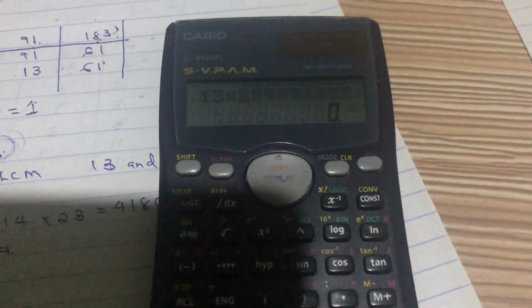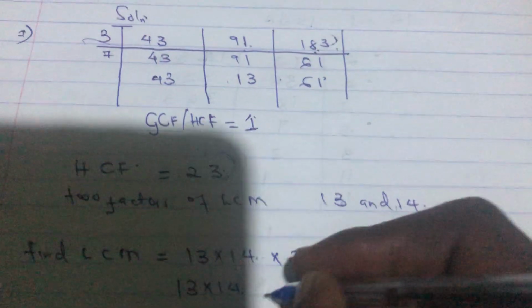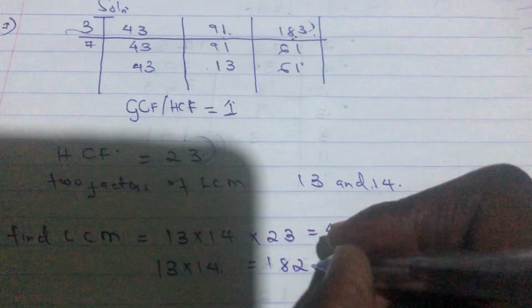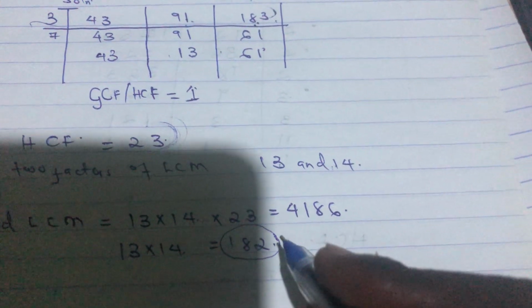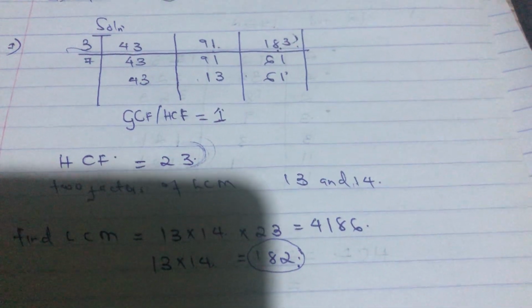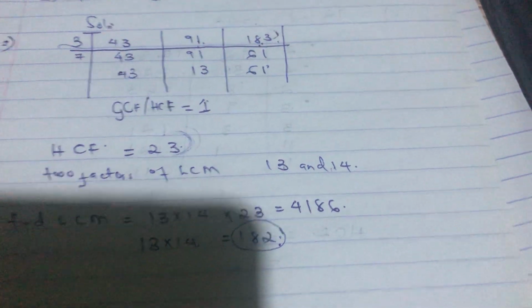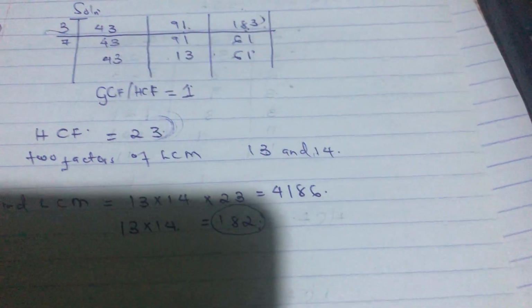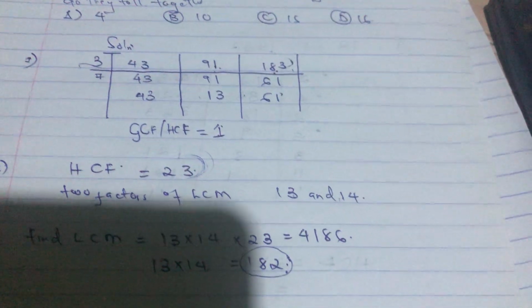Our answer is actually 182. So they want us to get factors of 182 that, when we multiply them, give the two numbers. Are we together? So let's start.